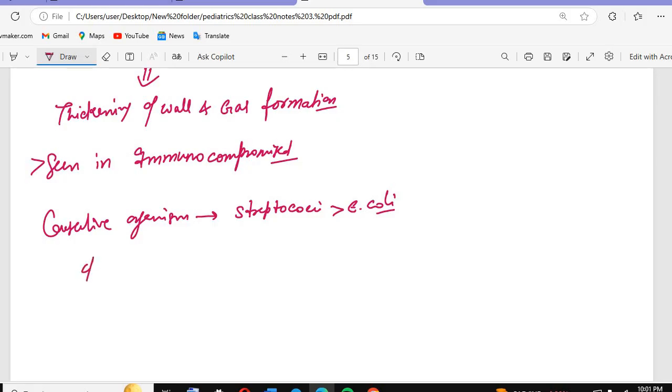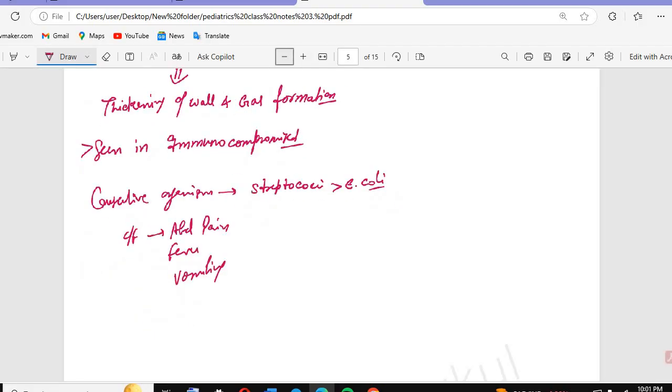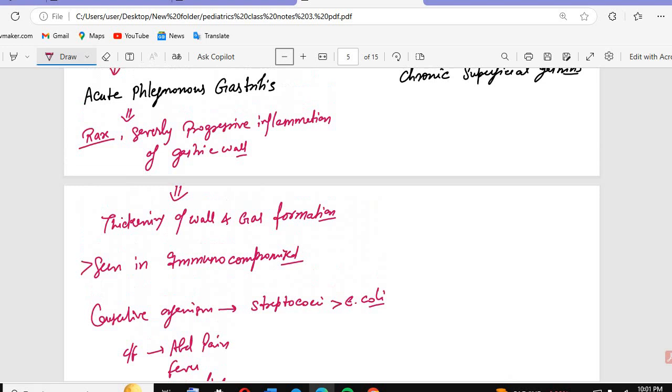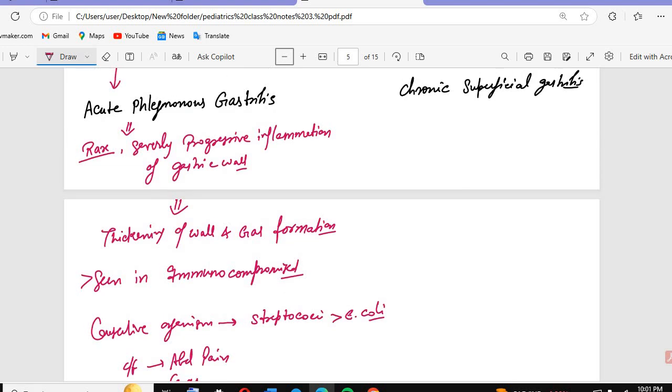And again, here a patient will be complaining of abdominal pain, fever, and vomiting. But here you have to see that this is an acute condition. Not recurrent vomiting. There will be acute phlegmonous, meaning the patient will have a first-time, severely progressive inflammation of the gastric wall.